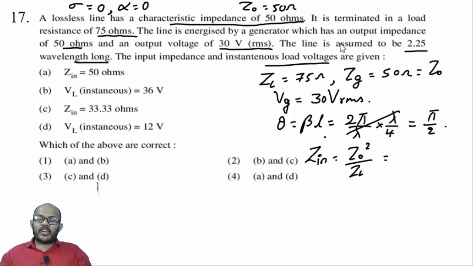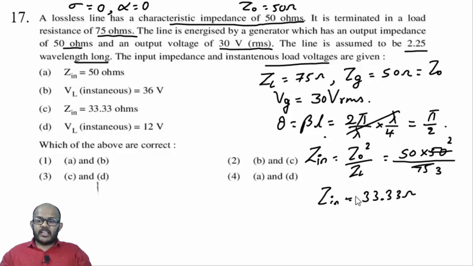Z0 square equals 50 into 50, whole divided by the value of ZL, which they have given as 75. 25 two times, 25 three times. So it is 100 divided by 3. So I will be getting Zin equals 33.33 ohms.